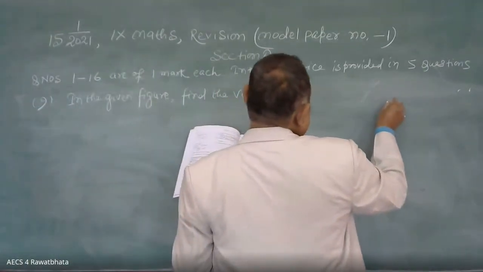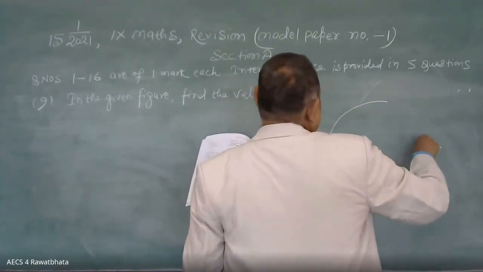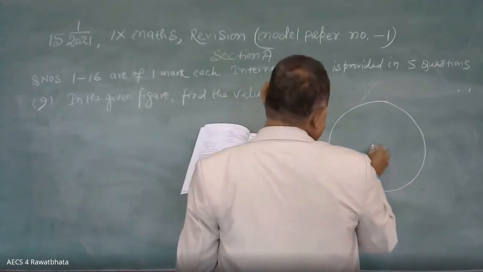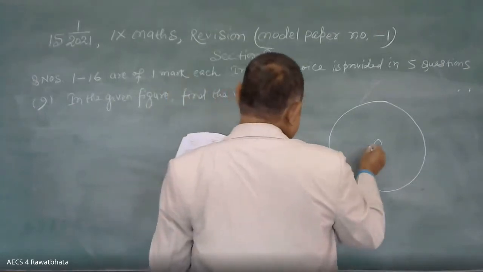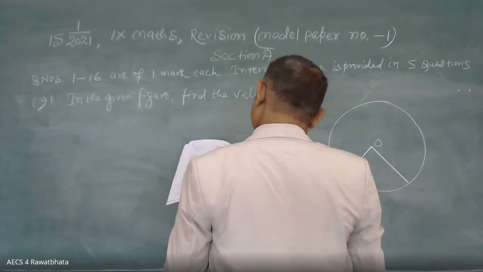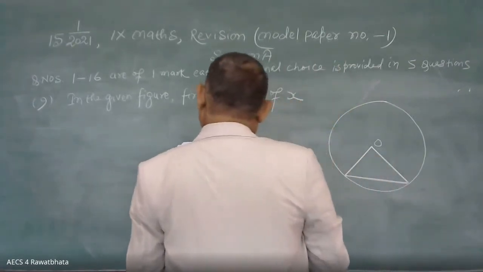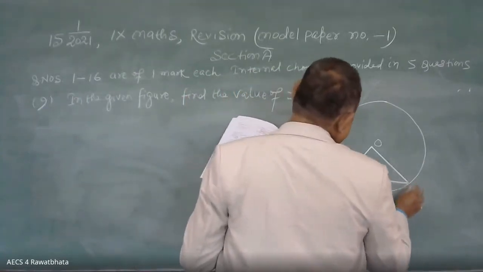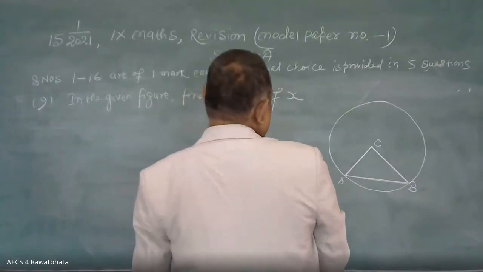So this is a circle with center O. This is A, B. This angle is 80 degree.